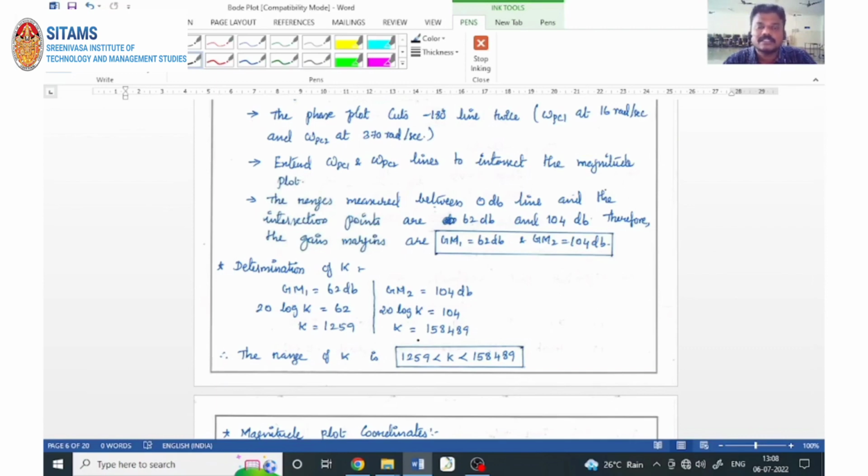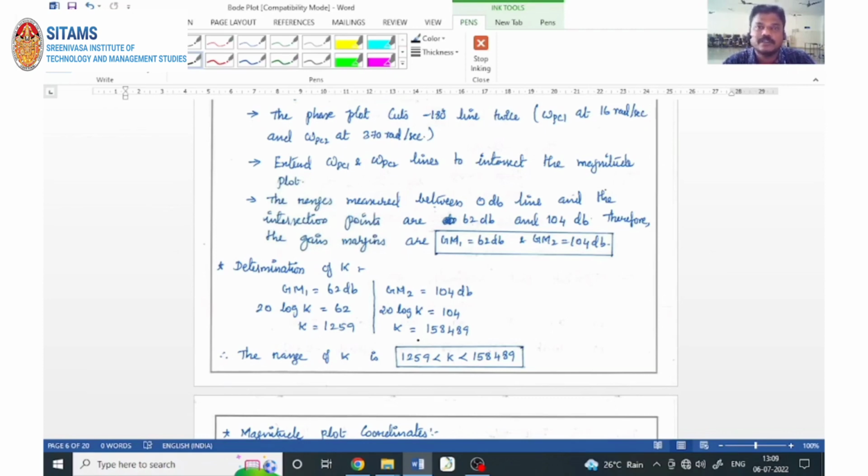Let us have a small recap. In the first step, we wrote the sinusoidal transfer function. Then we calculated the corner frequency, then the magnitude plot table and coordinates, then the phase plot coordinates. Then we sketched the Bode plot and determined the gain crossover frequency and phase crossover frequency.